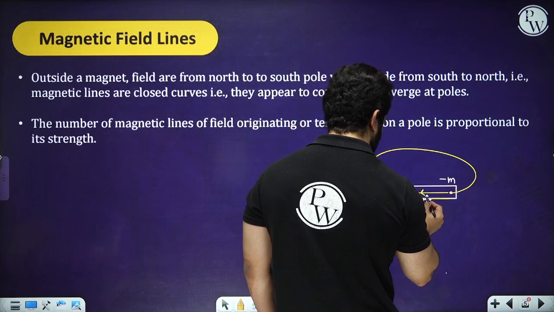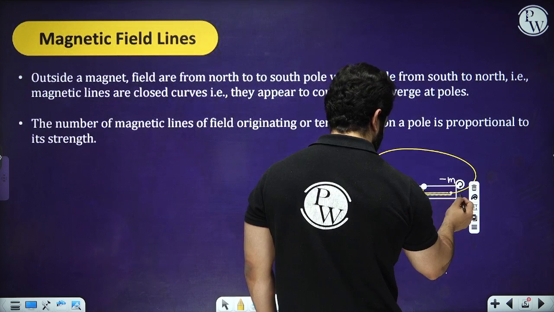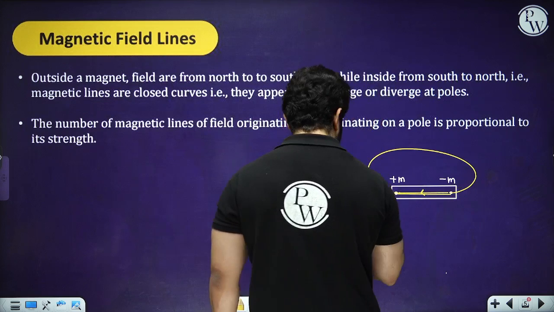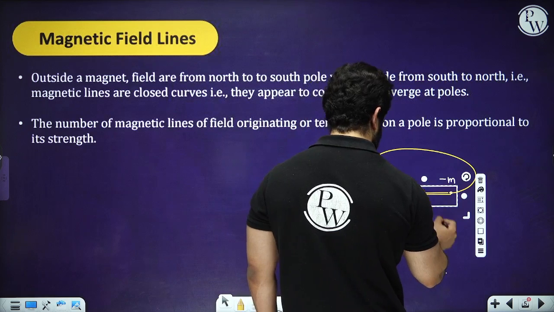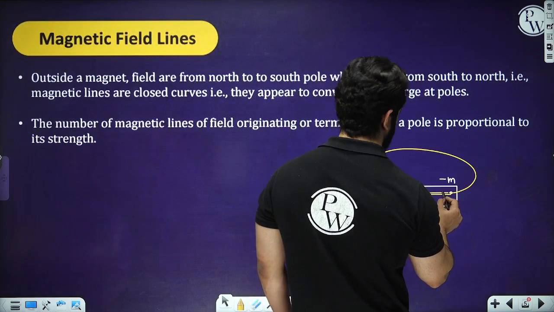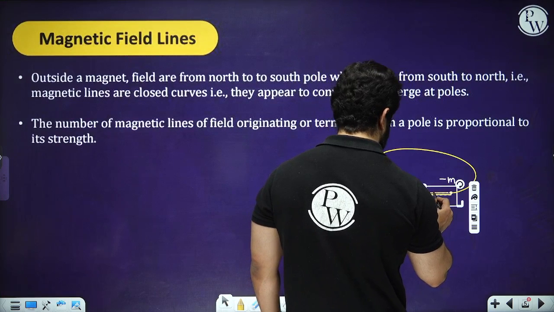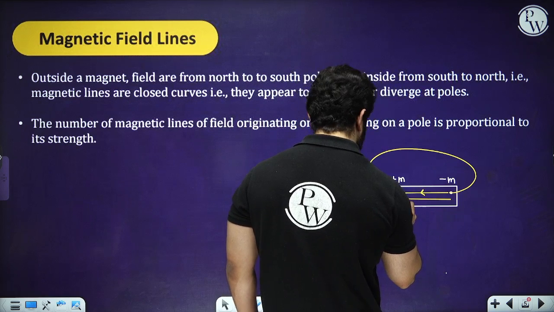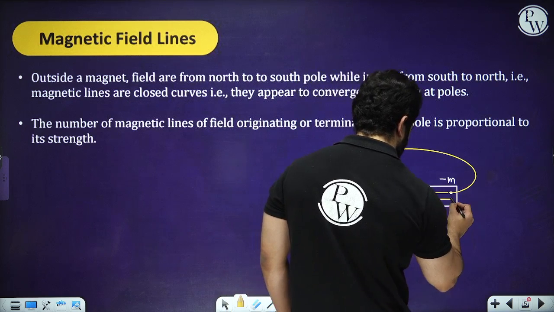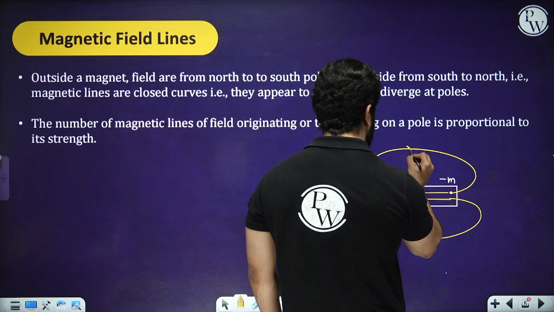And never will two magnetic field lines intersect each other. So now this becomes, okay, just a second. Yeah, something like this, right? Although you can draw many more magnetic field lines, you know what we are talking about.